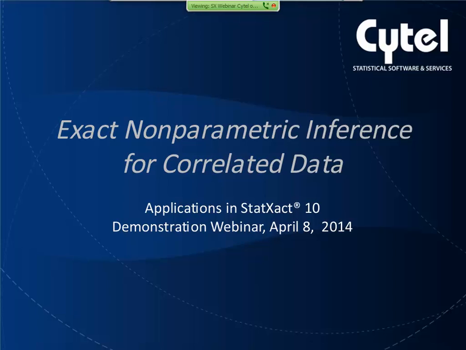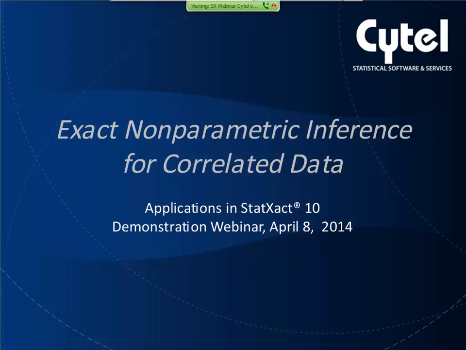As far as R goes, R is a vast world of packages that have been programmed specifically by researchers around the world. In my experience, there are a lot of R packages that do permutational inference, but I haven't seen any that are faster or more efficient than what StatXact provides.